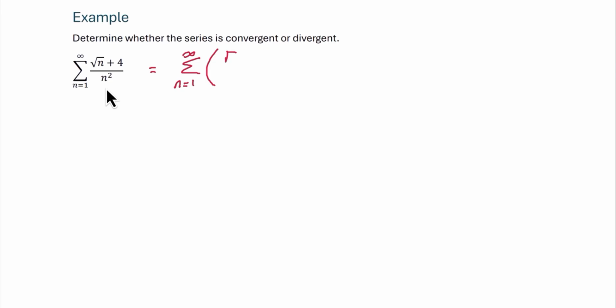We have the square root of n divided by n squared plus 4 divided by n squared. And now that we have two separate fractions, we can break these apart into two different sums.